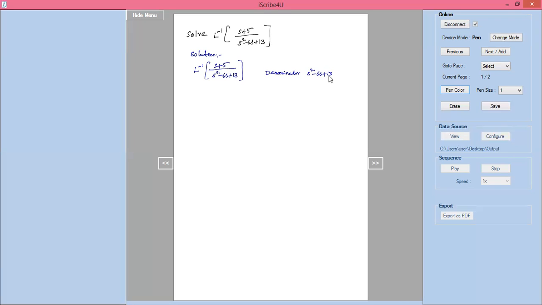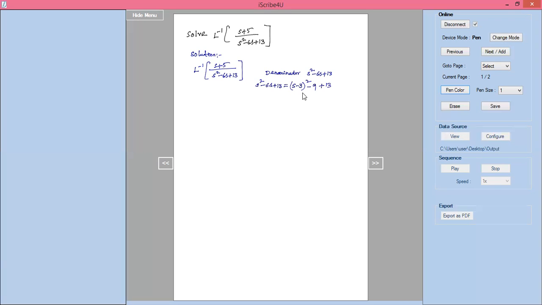So I will arrange s square minus 6s plus 13 in the form of s minus 3 whole square. Whenever s square minus 6s is there, I'll write s minus 3 whole square, then minus 9, plus 13.